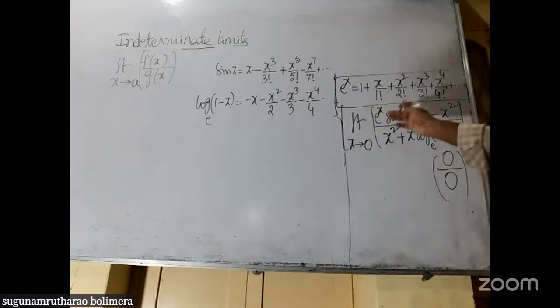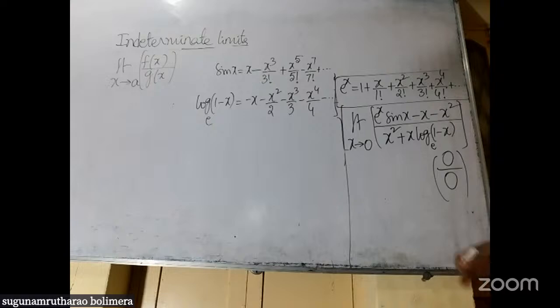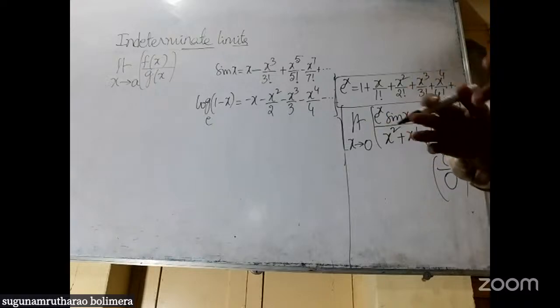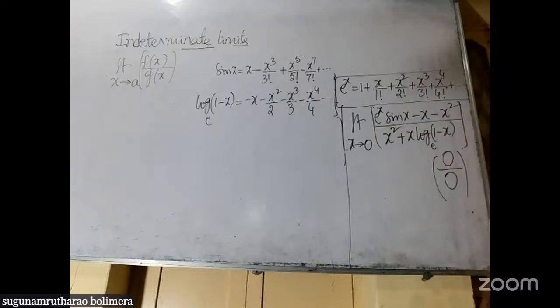The terms are going to be increased. That's why I'm going to substitute the expansions and simplify it. Then on substituting those things, you will definitely get the answer very easily within two steps itself.